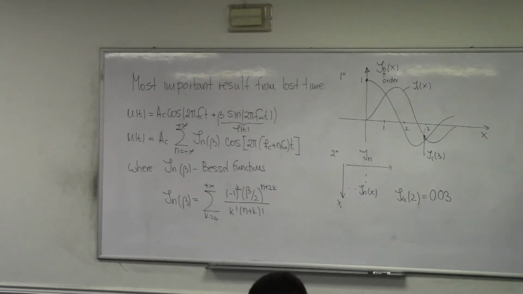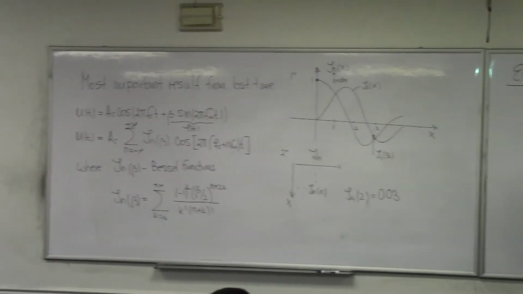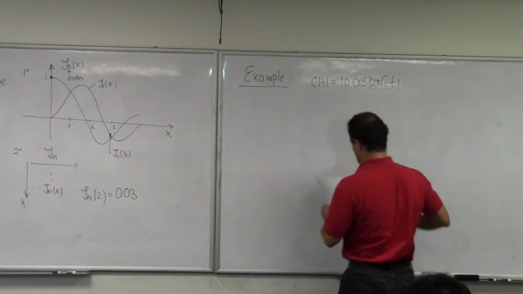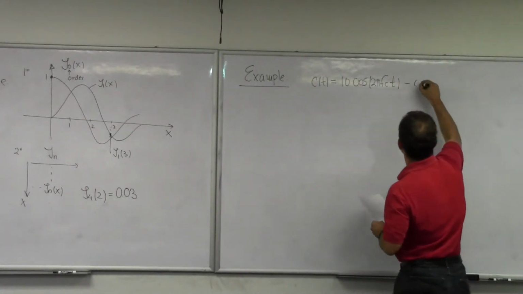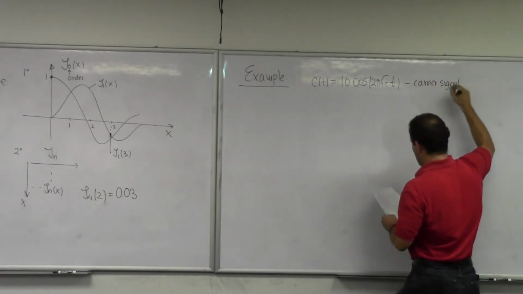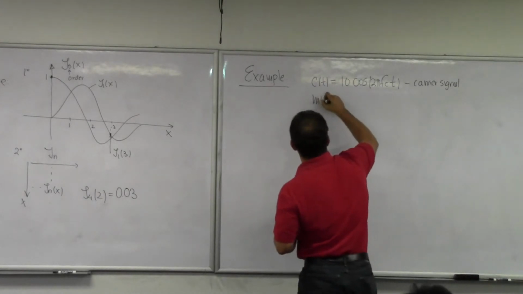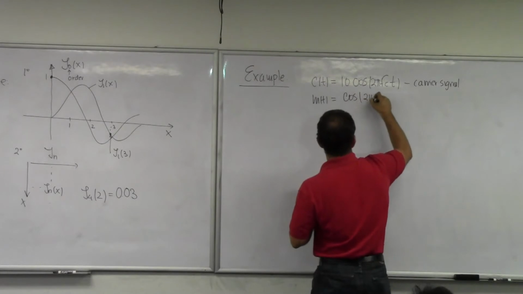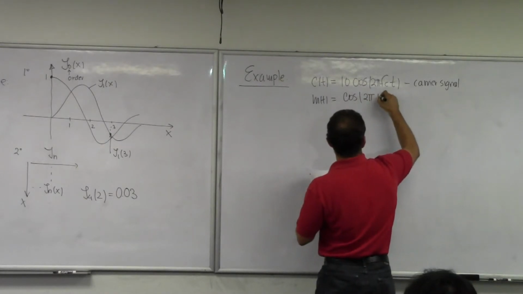So, first example here. I'm going to look at a carrier, which is c of t equal to 10 cosine 2 pi fc t, some carrier. And then the message signal, m of t, is given as a cosine 2 pi times 10t.